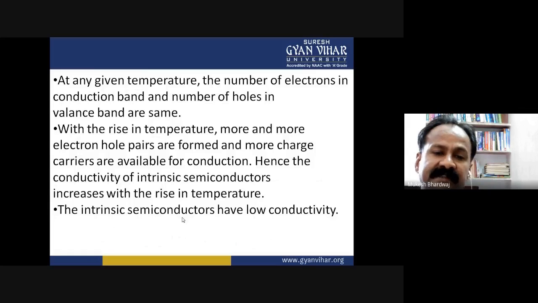The intrinsic semiconductors have low conductivity because the participation of valence electrons is very small, so the conductivity is very low.